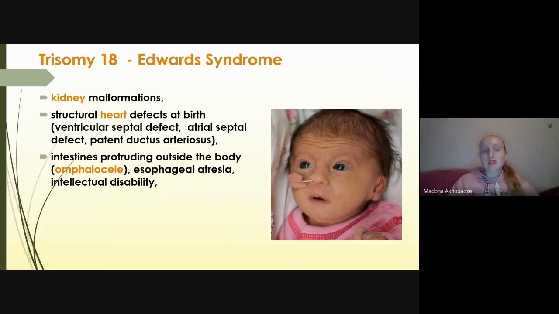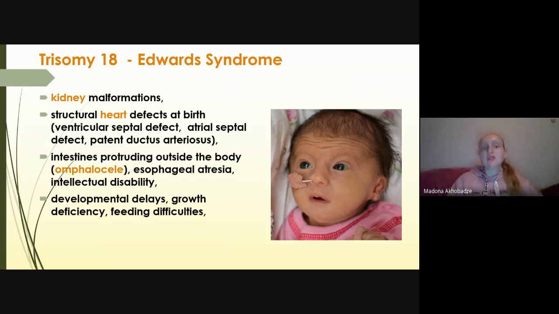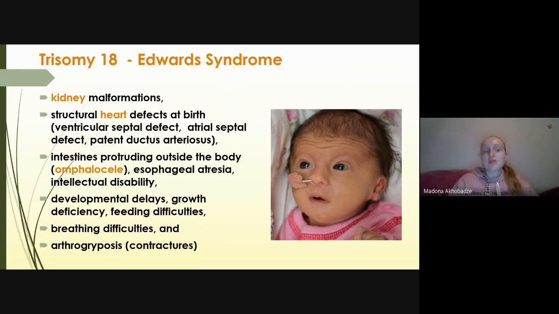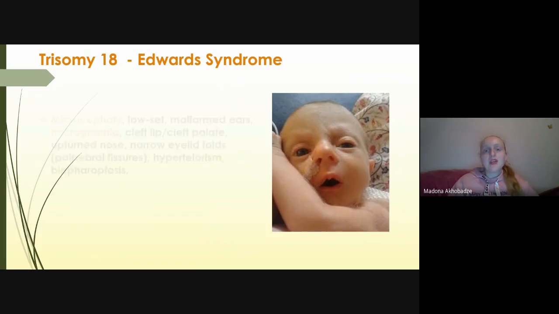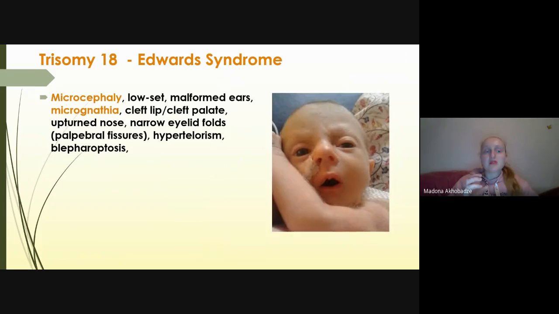Congenital hernias, esophageal atresia, intellectual disability, obviously, developmental delay, growth deficiency, feeding difficulties because of the anatomy, and they usually need nasogastric tube feeding, and breathing difficulties, and arthrogryposis, which is contractures in the joints, which makes them unable to move the limbs. And microcephaly means they have a small brain with a different, small shape of the head.